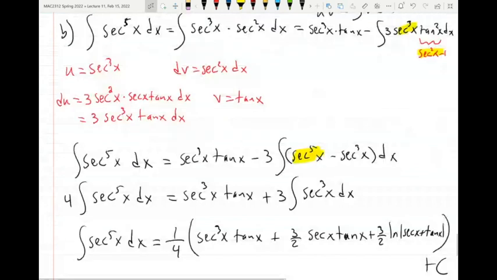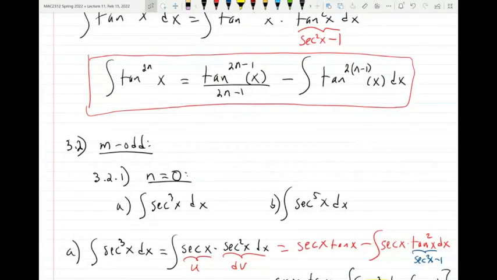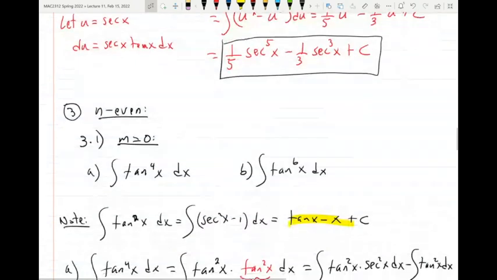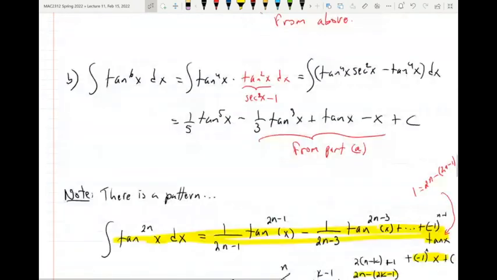So last one. We were in 3.2.1. Now let's go to 3.2.2. In other words, remember, we are in case 3, which is the power of tangent is even.